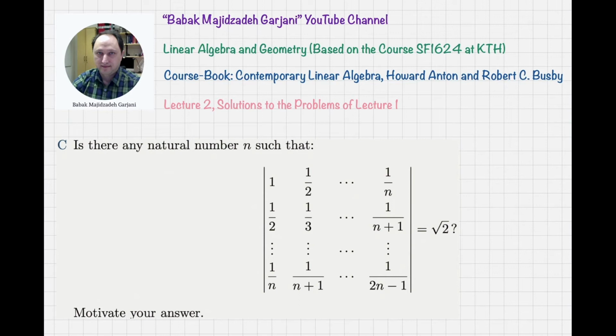Okay, now let us look at this problem. Is there any natural number n such that this n by n determinant becomes equal to square root of 2? Motivate your answer. So here I am looking, if possible, for a natural number n. Yes, of course, if n is natural, then you see that all these entries that you see inside this determinant are all rational numbers.